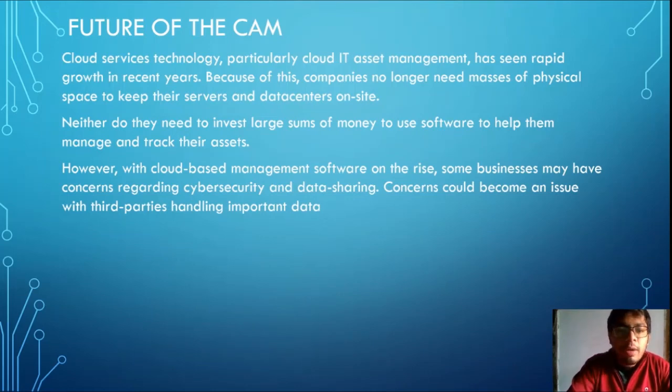So when we are talking about the future of CAM, cloud asset management, we first need to know about the scope of the cloud. The scope of the cloud is very large. When we are sharing our data over the cloud, we have to put security in place because we are trusting someone else, like we are trusting Google that our photos will be secure.